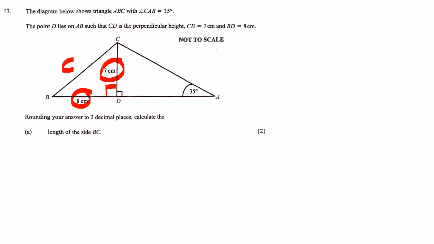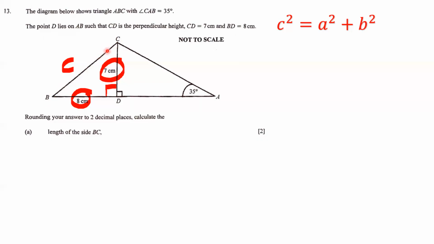And so if we have 2 sides already given, and we want to figure out the missing side, we can definitely use Pythagoras theorem. And Pythagoras theorem says C squared equals A squared plus B squared, where C is the hypotenuse. So C is BC. C is the line that we're trying to find, right?